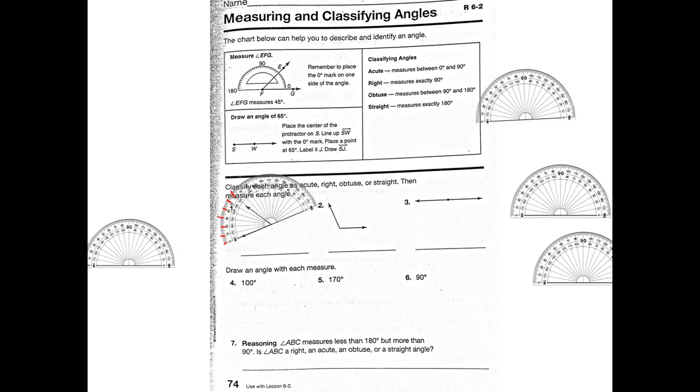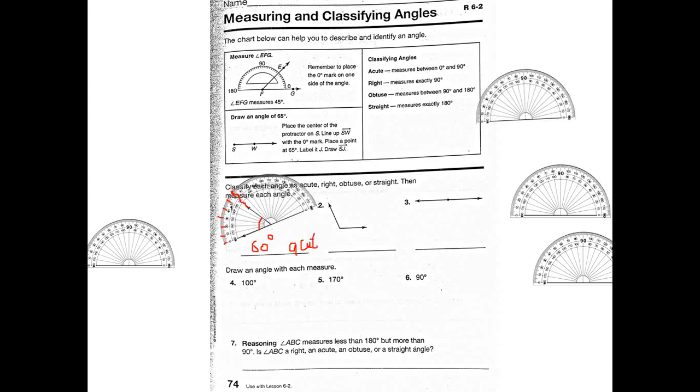So the measure here is 60 degrees, because we measured starting from 0 right here, 10, 20, 30, 40, 50, and the last arrow points to 60. So what kind of angle is 60? What do we call it? We call it an acute angle.